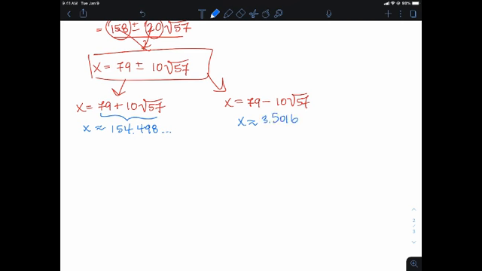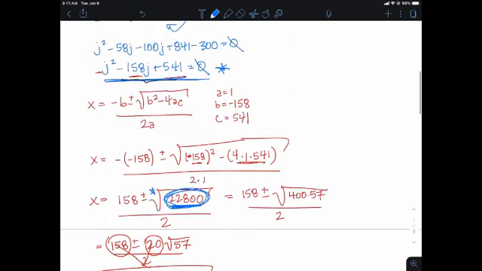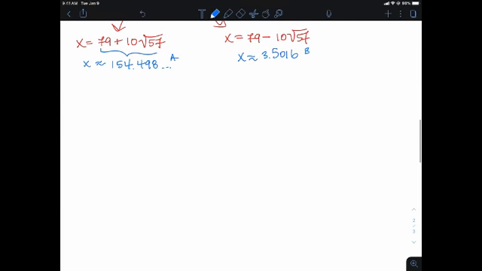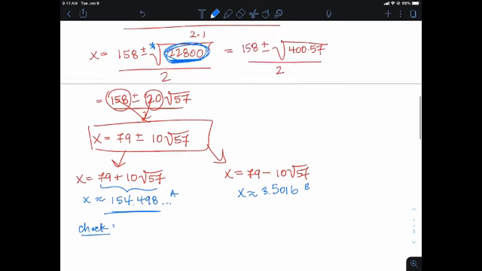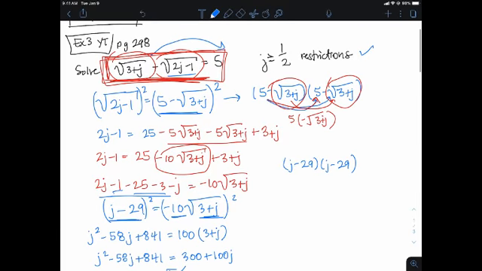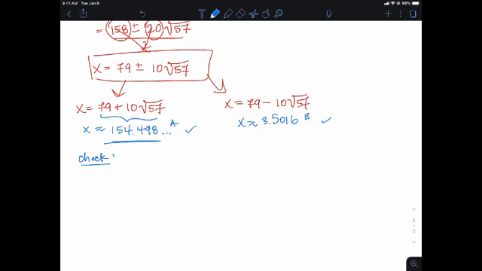So I would store this in A, I would store this in B, and then use A and B to fill back into my original equation. Again, I check first: do they pass the restriction? If they don't, I can reject them. My restriction was j had to be greater than or equal to 0.5, and both of these pass the restriction.